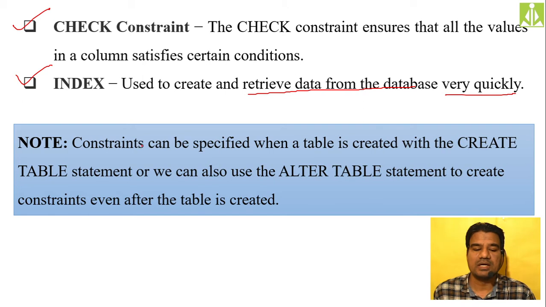Constraints can be specified when a table is created. At the time of creation of the table, you can specify the constraint, or you can even specify the constraint using the ALTER TABLE command. If the table is already existing and you want to add the constraint to the existing table, then use the ALTER TABLE command.